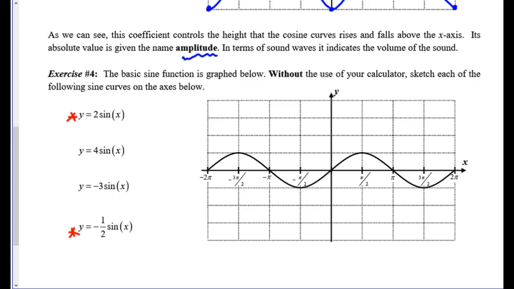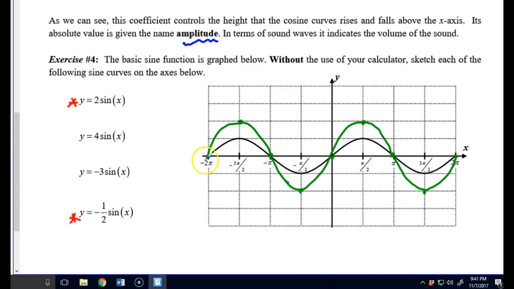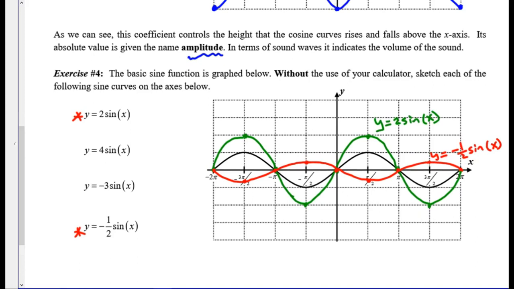Okay, so if we did both of those, we'll go through this quickly. So there you have those 2 transformations of the sine wave.